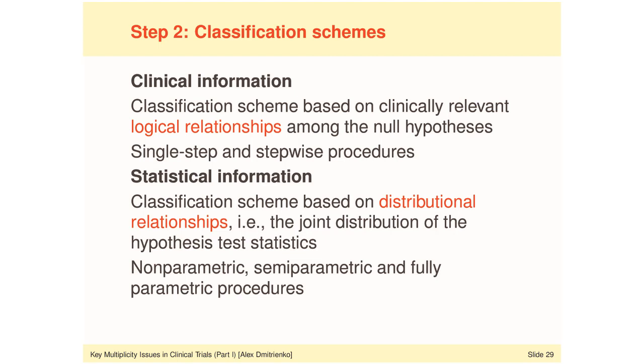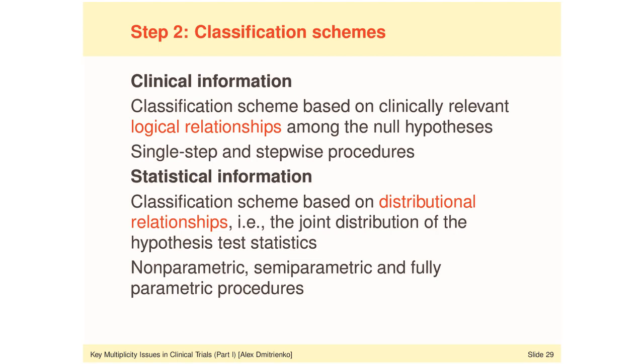The first classification scheme is based on available clinical information, which defines clinically relevant logical relationships or restrictions among the null hypotheses of interest. Based on this information, as I will explain in a few minutes, we can introduce two different classes of multiple testing procedures, known as single-step and stepwise procedures.